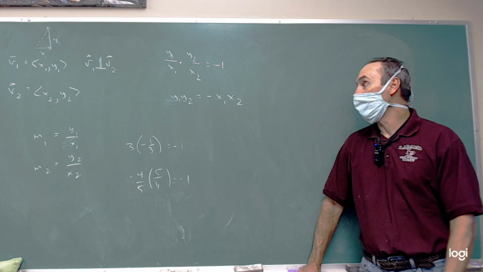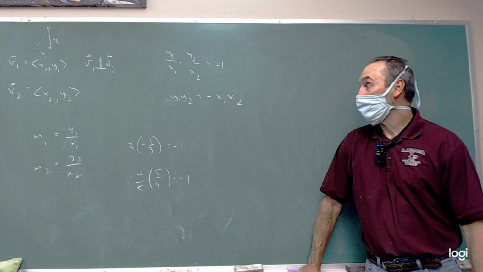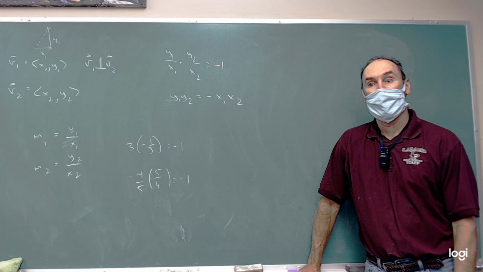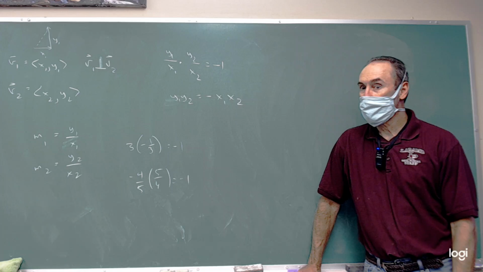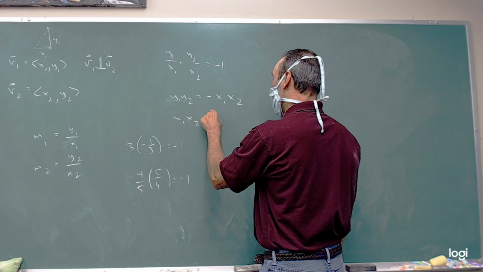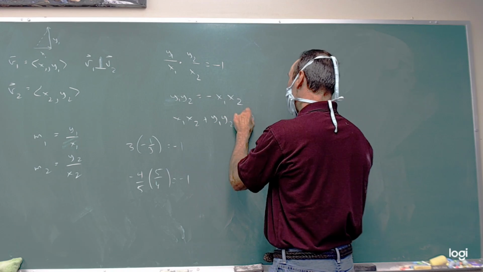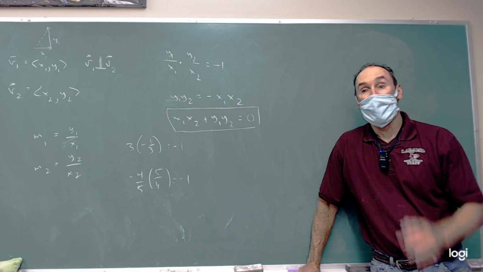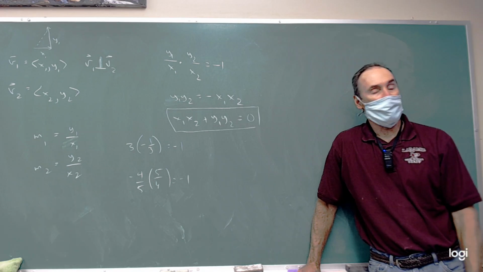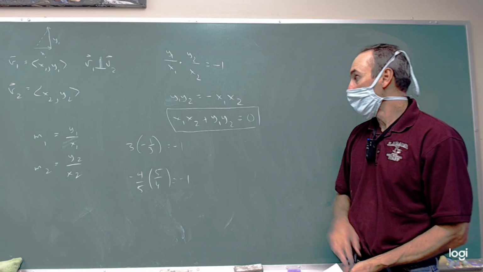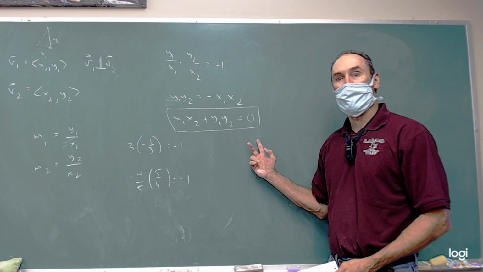So y1, y2 is equal to negative x1, x2. You all right to there? Tell me if I'm going too fast. I'm going to add this to the other side. So x1, x2 plus y1, y2 must be 0. This is what we're trying to get to. When V1 is perpendicular to V2, when two vectors are perpendicular, this weird thing here, this sum of products, is 0.